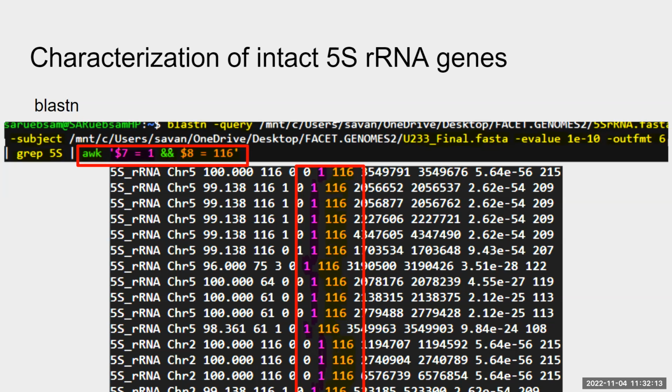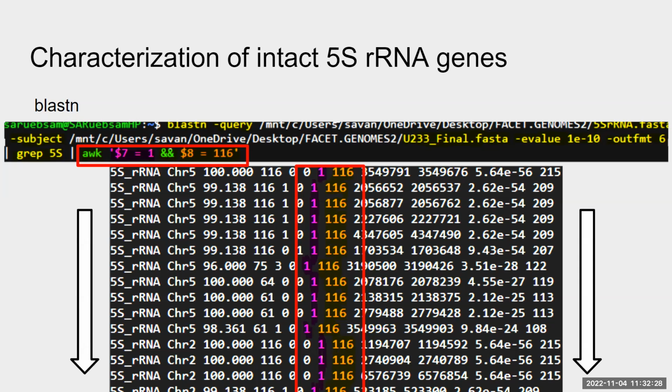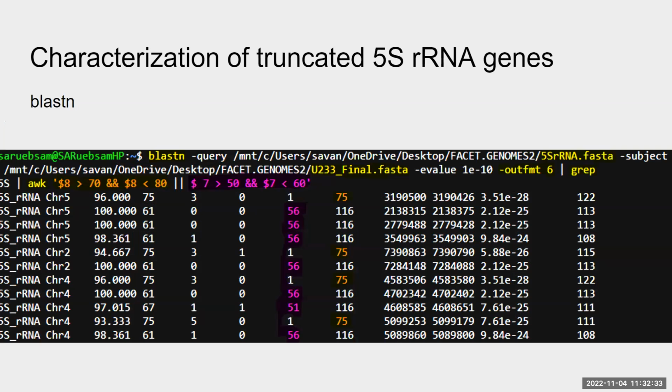And we said we want column 7 to be 1 and column 8 to be 116. So here you can see column 8 has 116. That way, when we actually run the command, all we see is all the 1 to 116s within the U233 genome. And this goes on forever because there are lots of 1 to 116s in the U233 genome.